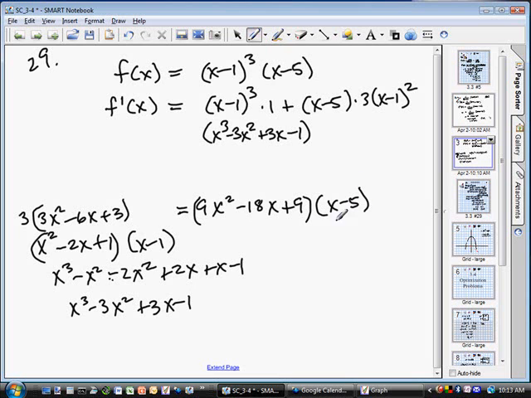Probably doing this too quick, but anyway, here we go. 9x squared times x is 9x cubed. 9x squared times 5, negative 45x squared. Negative 18x squared. Positive 90x. Plus 9x. Minus 45.